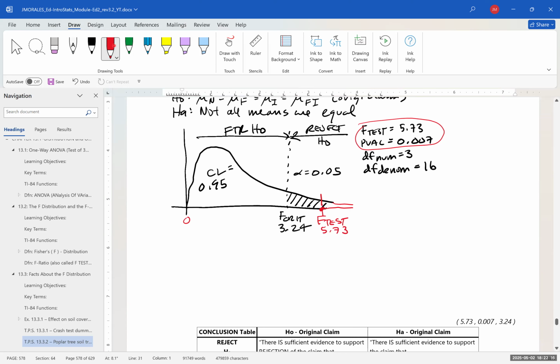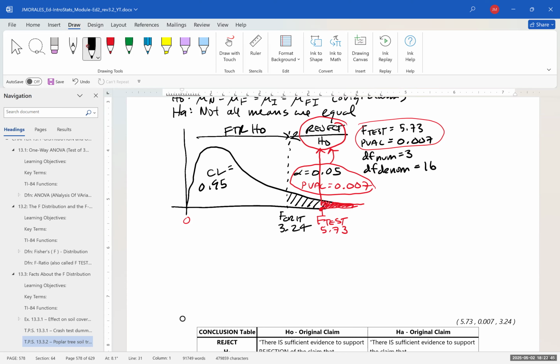Going up from that point, we are in the reject the null region, and the area adjacent to the test statistic, that is our p-value, and that's 0.007. And if the p-value is smaller, which it is, reject the null. So both indicators are showing that we're going to reject the null.